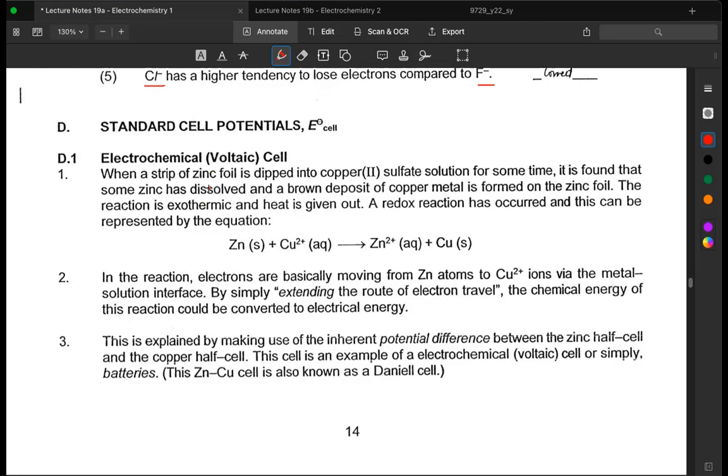What will happen? Of course, we know that zinc is more reactive, it will dissolve, and copper-2 plus will get displaced and reduced to form copper. So a brown or reddish brown deposit is formed on the zinc foil, and we understand that displacement reactions are exothermic. This one we learned before.